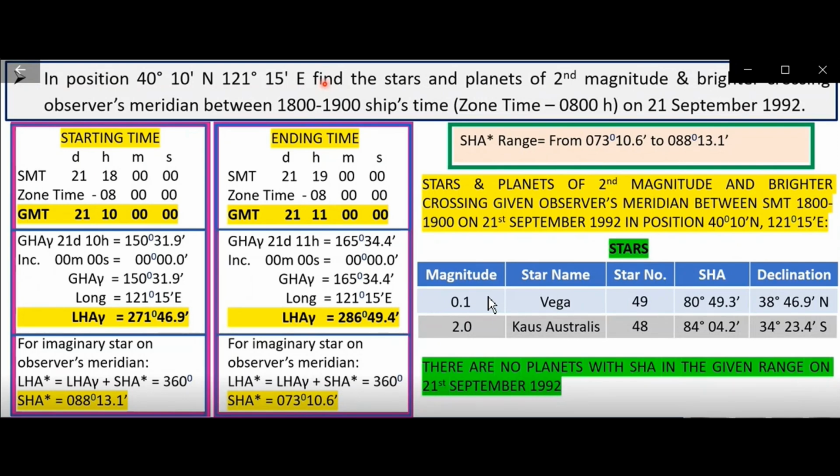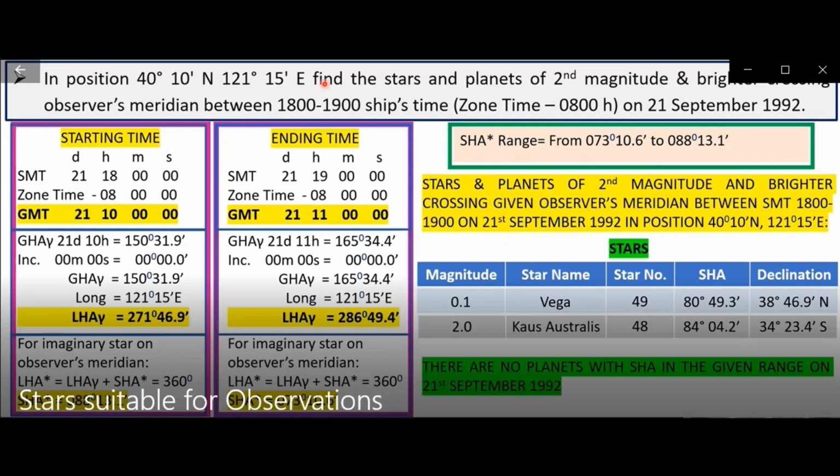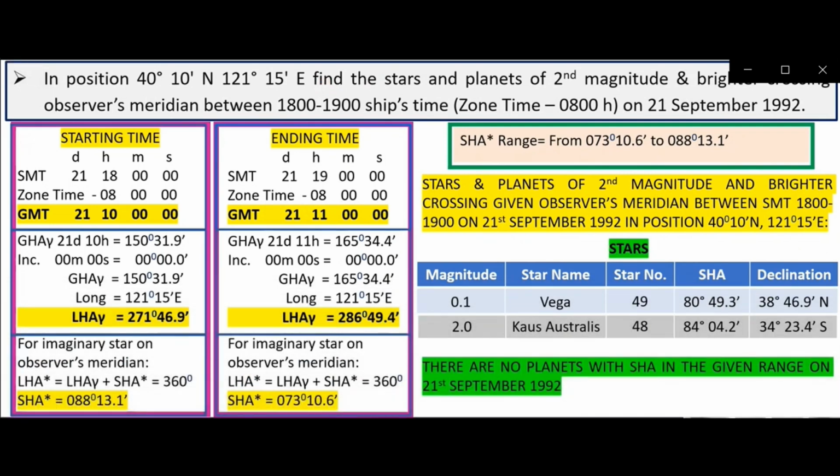Okay, so let's proceed ahead then. Now, we have already calculated the stars, whether they are going to be visible or not, whether they are going to be suitable for sight or not, or whether they are going to be suitable for the ex-meridian method or not. I think we have to execute the respective step further if we have to assess them for any other parameter which we have learned, be it their visibility, be it suitability for sight in general, or be it their suitability for ex-meridian observation.